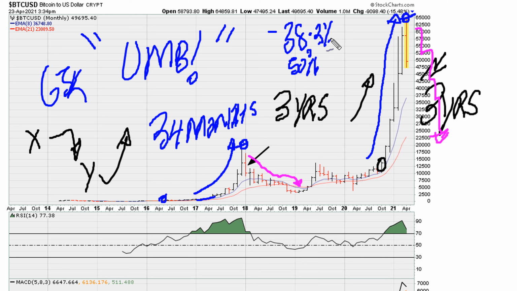The other percentage is 61.8%, which I have to say is my target on the downside off the highs, or 80.2%, which is the last time Bitcoin dropped off the highs of late 2017, early 2018. And again, technical analysis is just all about probabilities, no certainties. So this is part 3 of 3, and I'm going to end it right there.